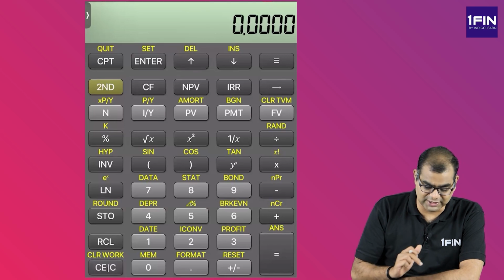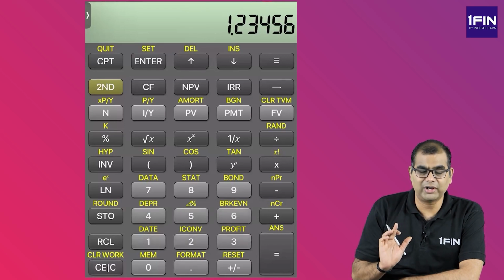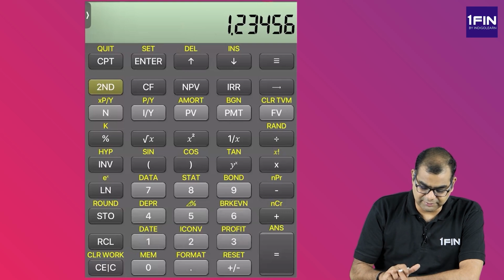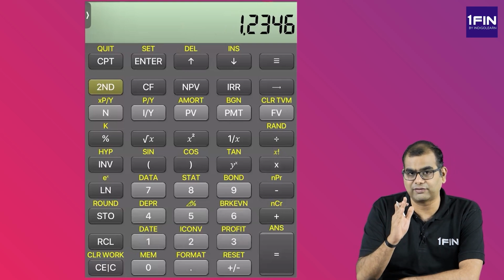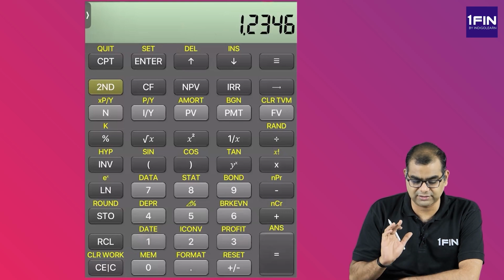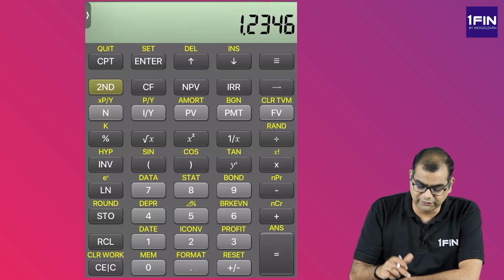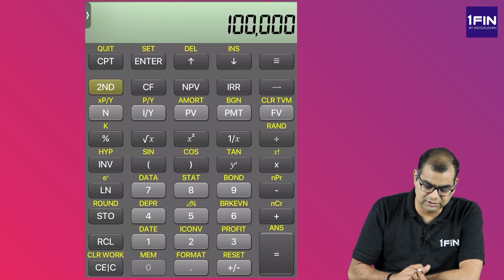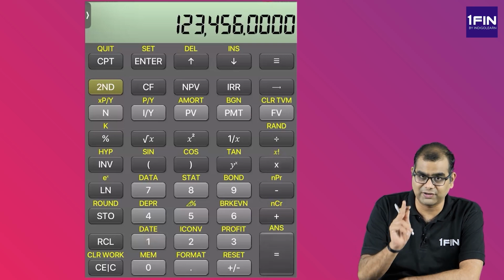So I am repeating this once again, 1.23456. If I just multiply it with 1, that 456 is getting rounded off to 46, but in the back end, it is still 456. You multiply it with 10,000 or 1 lakh or some big number, and you see that it is 456. This is the first part.